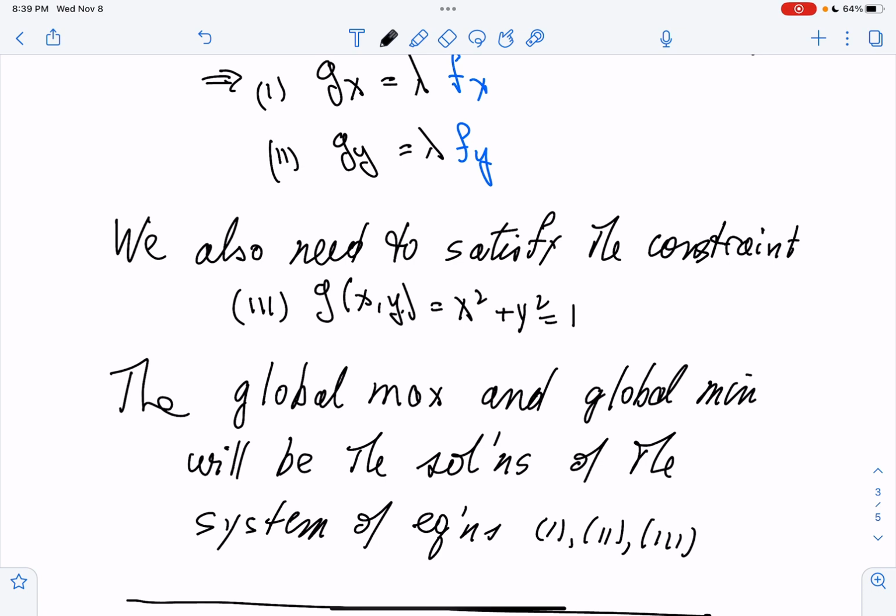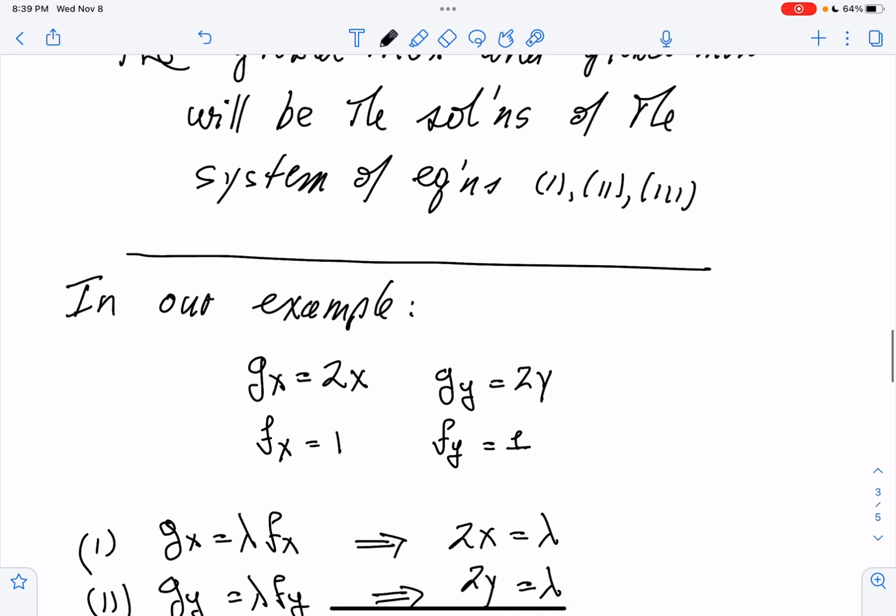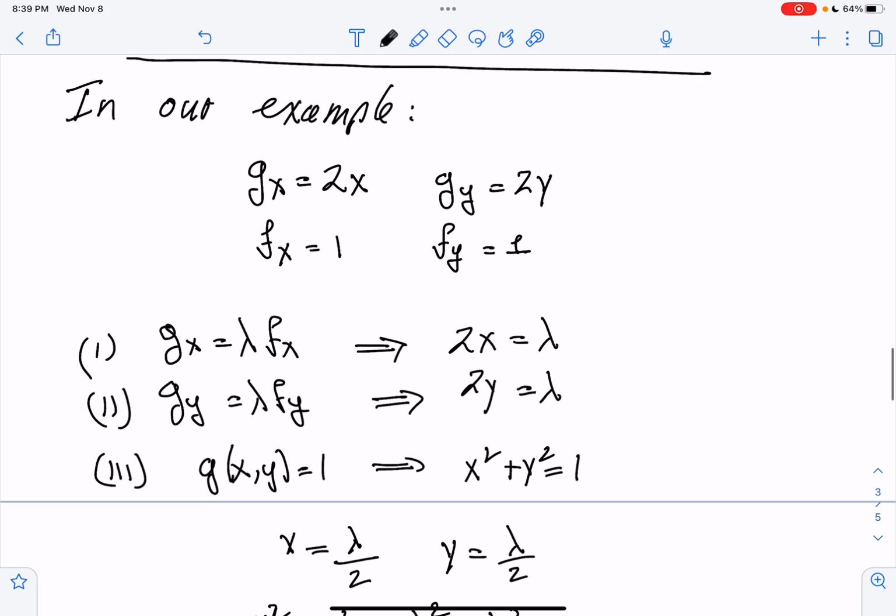So now let's look at our example and set up these three equations for our particular example. In our example, g sub x is 2x and g sub y is 2y, since g is x squared plus y squared. And f is x plus y, so fx is 1 and fy is 1.